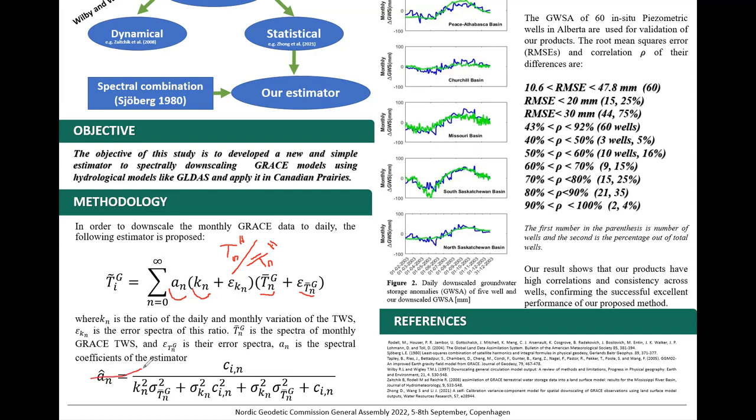The mathematical developments are available in Farzam's thesis or in the paper that he is writing for the time being. And at the end, we got this KN coefficient. So this KN coefficient contains the frequency content, the signal spectra, and also the error spectra of the coefficients which come from the gravity models and the hydrological models.